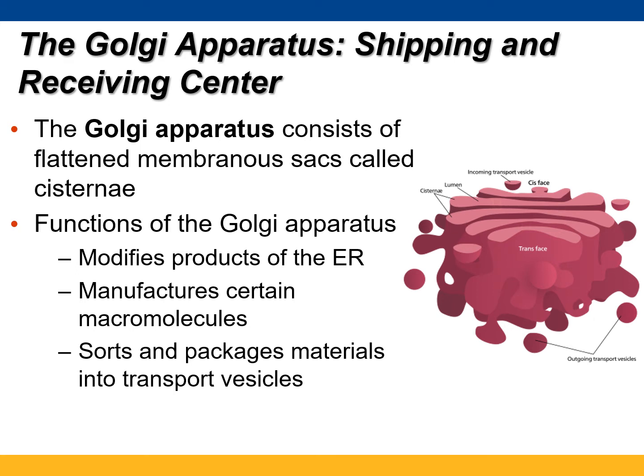It's made of sacs and it has a receiving end, so vesicles come in on what we call the cis face, and they call it cis because it's closer to the nucleus. Okay, and then you have processing and targeting going on, sorting as it were, and then you have a release side where new vesicles are emerging, and that's called the trans face.